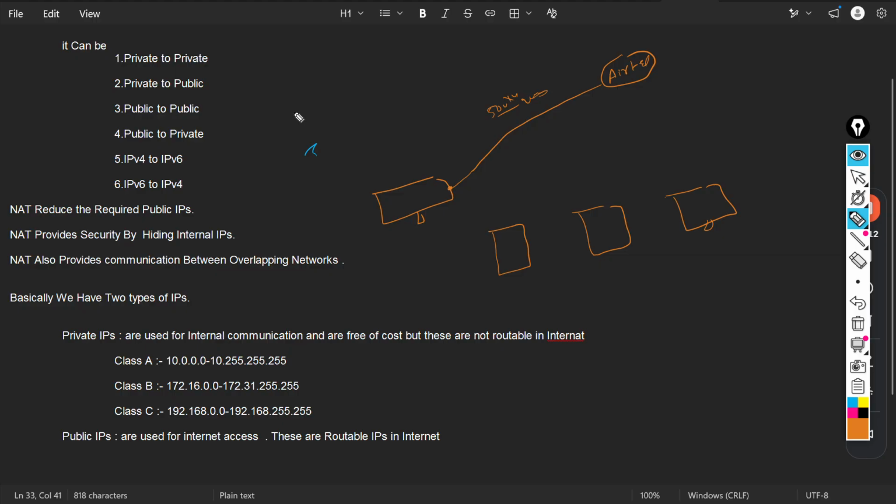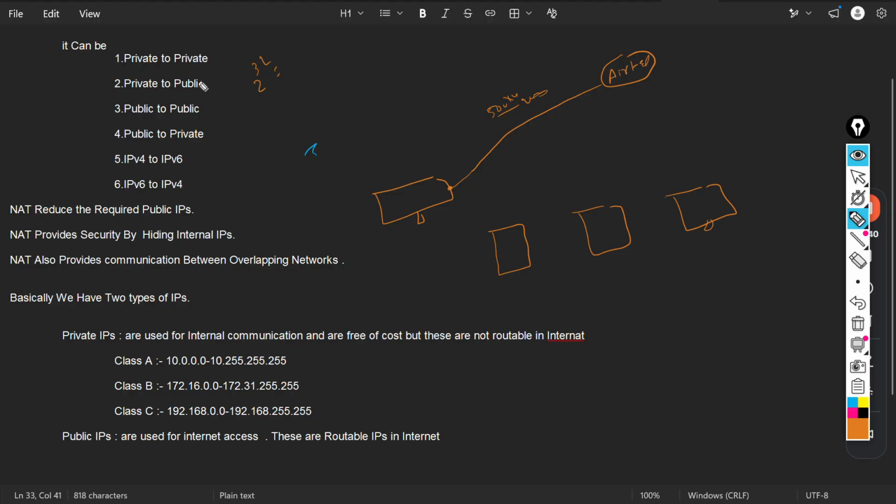Too many IPs are required. But actually, we don't have many IPs in IPv4. In IPv4, we have limited IPs, only 2 power of 32. We don't have enough public IPs. That's why NAT came. By using the NAT concept, we can use a single public IP for multiple users.